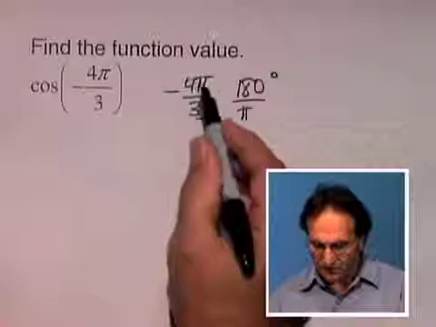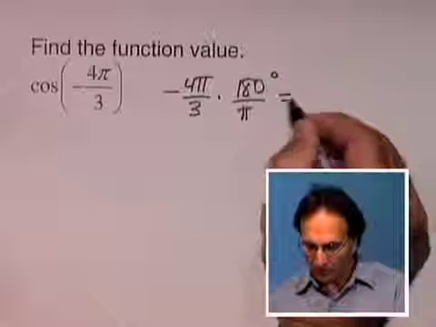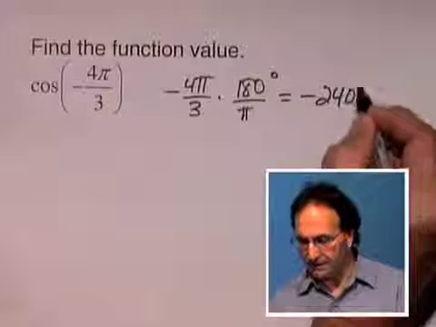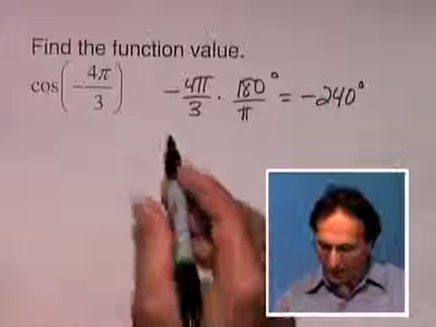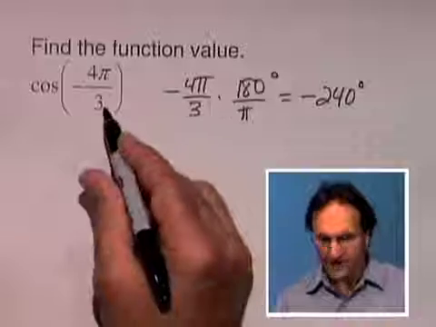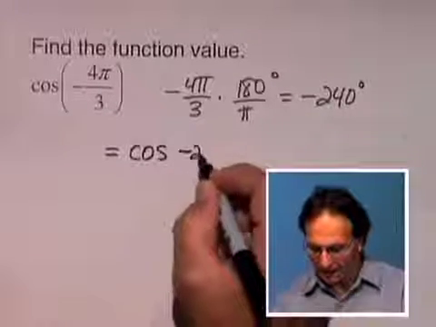After we cancel the pi's, divide the 3 into the 180, we'll find that this is equal to negative 240 degrees. So we now know that the cosine of negative 4 pi over 3 is equal to the cosine of negative 240 degrees.